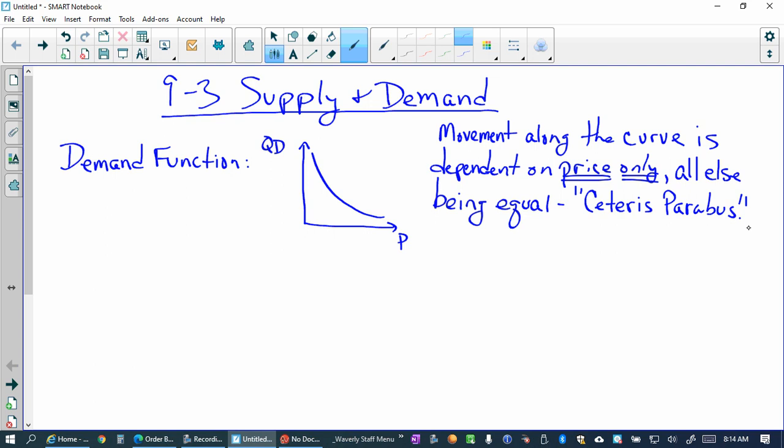Do they demand less of this? Does that have anything to do with price? So we're not moving along the curve if things like that happen, right? So other determinants like that, and this is very important, actually shift the entire curve, okay? Other determinants shift the curve.